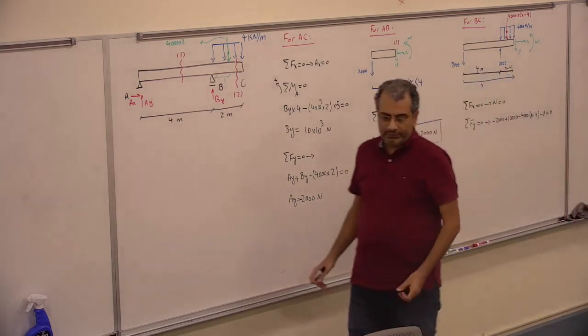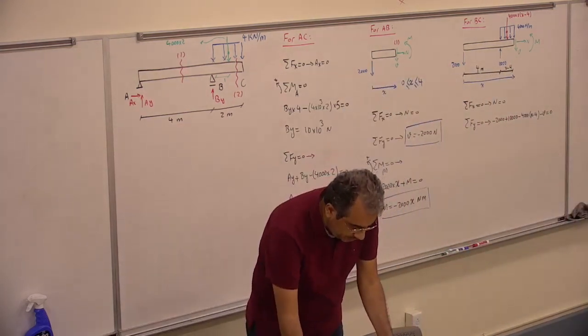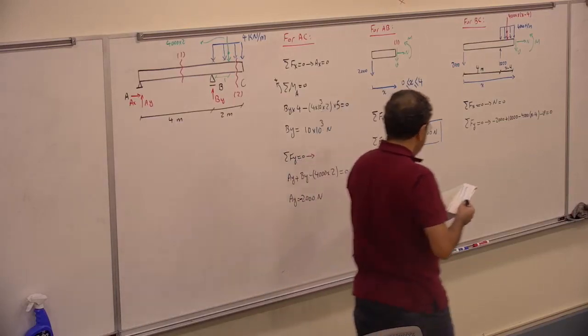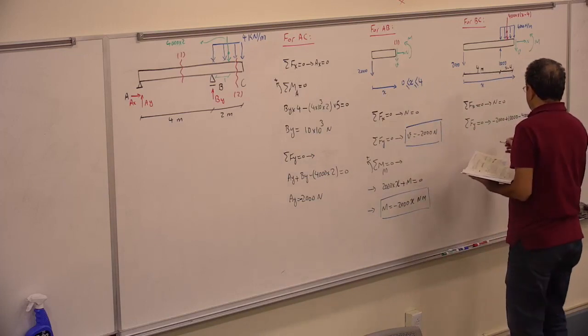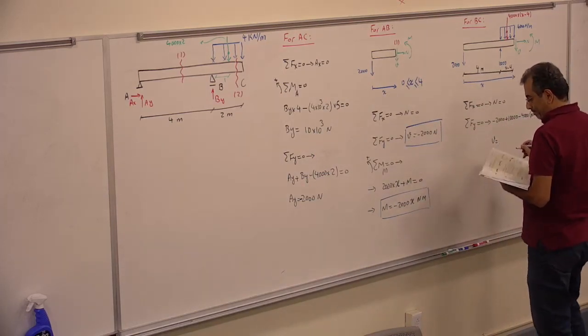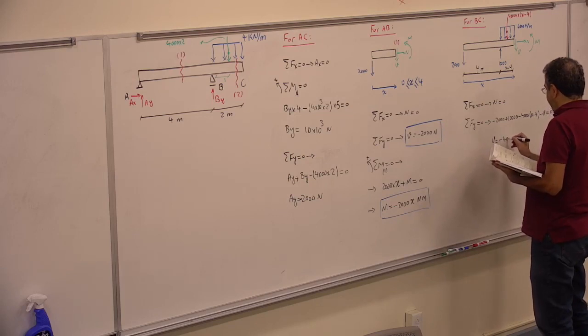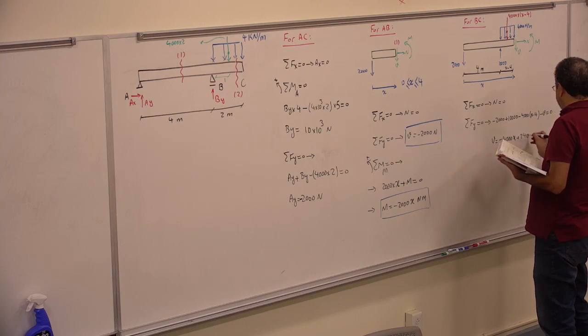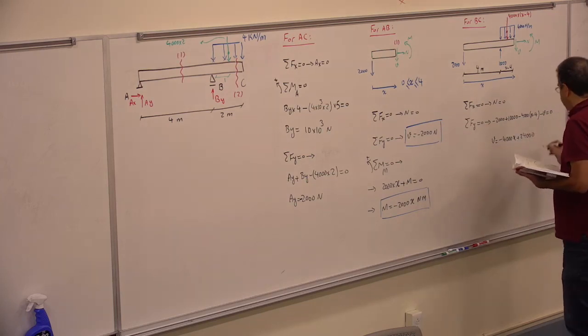If I have it right, V comes out as minus 4,000 x plus 24,000 newton.